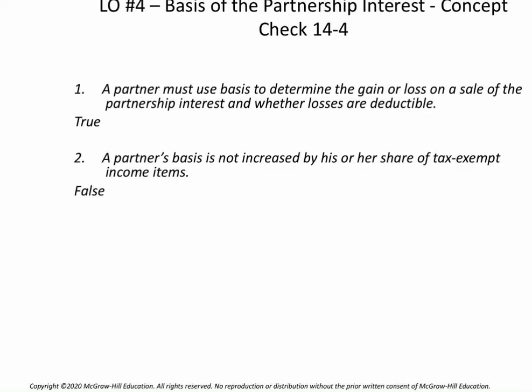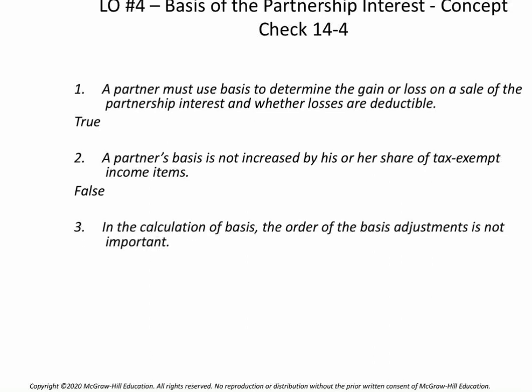A partner's basis is going to be increased by those income items, by those gain items, irrespective of whether it's tax exempt or not. 3, in the calculation of basis, the order of the basis adjustments is not important. That's going to be false. We're going to follow the order in terms of doing that calculation for those basis adjustments.